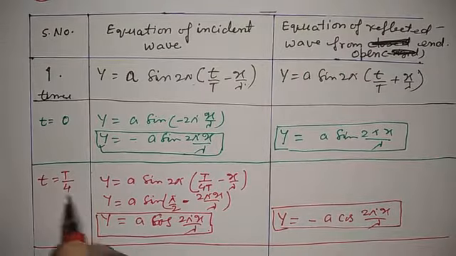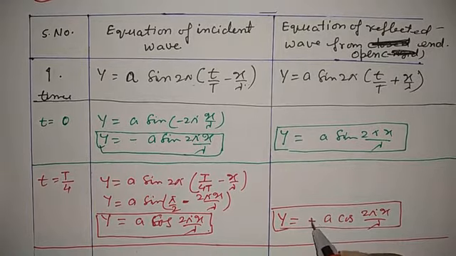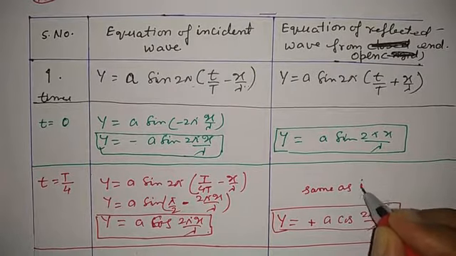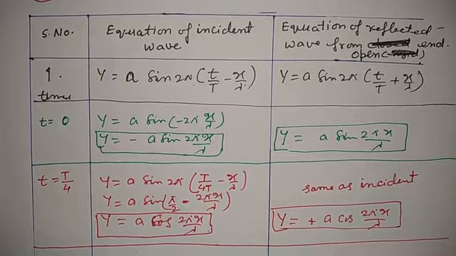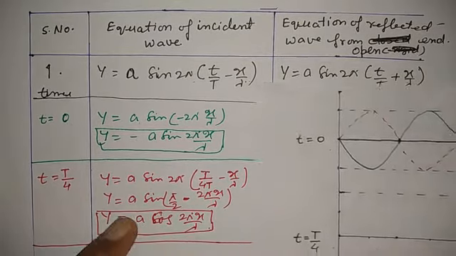See what the situation is at T by 4. Here the incident wave is the same as this. So see the graph of the incident wave. It is a cos wave on the positive side.